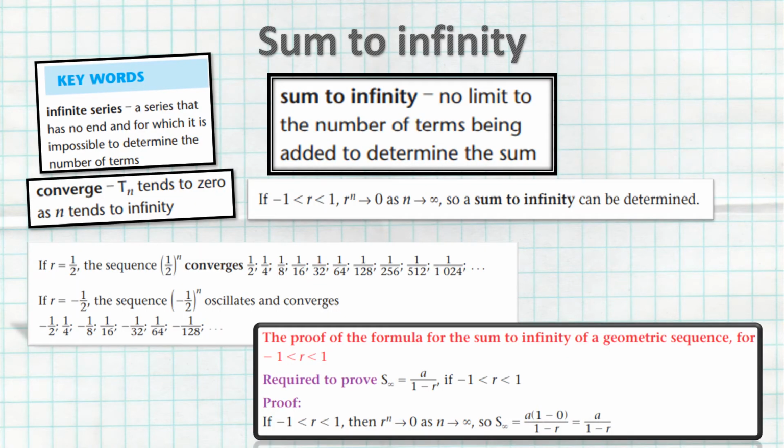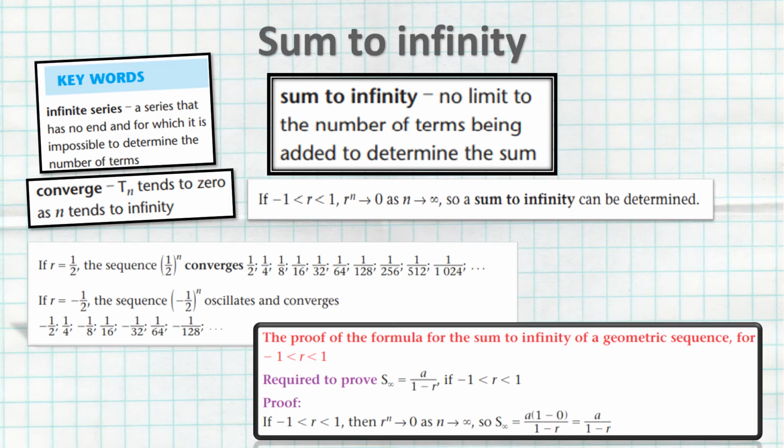Okay. Welcome to this really interesting part of this session, the part that gets you really thinking: is this really possible? Can we really calculate this? Sum to infinity. When I was first introduced to this, I asked myself, is it possible?